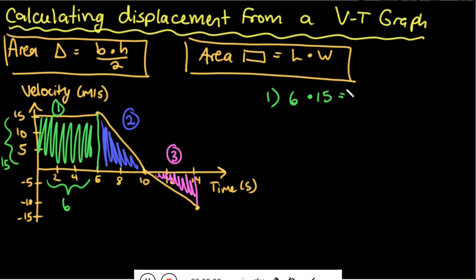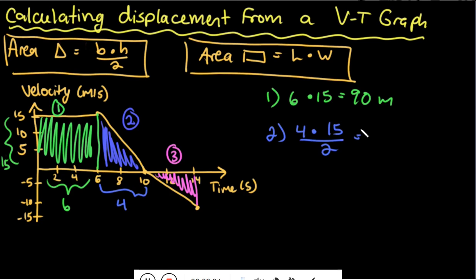So if I were to do 6 times 15, I would get 90 meters. Area 2, we need to take our base, which in this case is 10 minus 6, which is 4, times our height, which is 15. Divide that by 2.